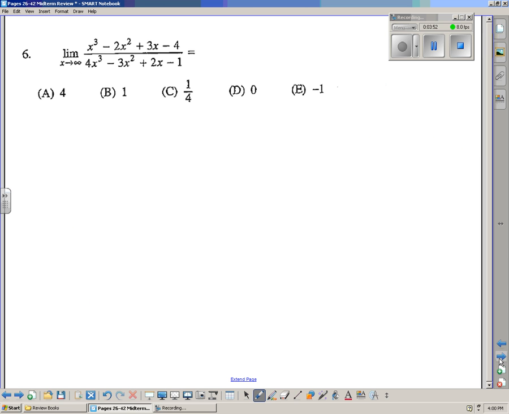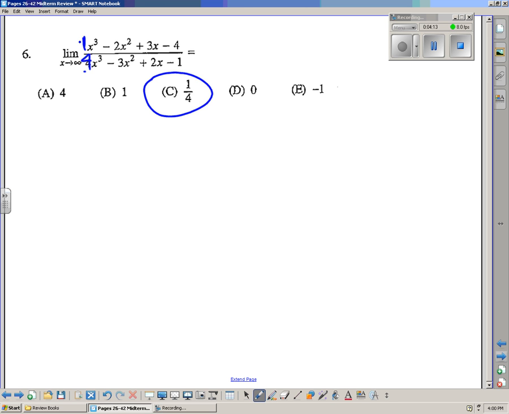All right, next guy. We have this limit as x approaches infinity of this function. Now, a little shortcut here. As x approaches infinity, we have a rational function where the numerator and denominator are of the same degree. So what you can do is simply take the ratio of the coefficients and get 1/4.